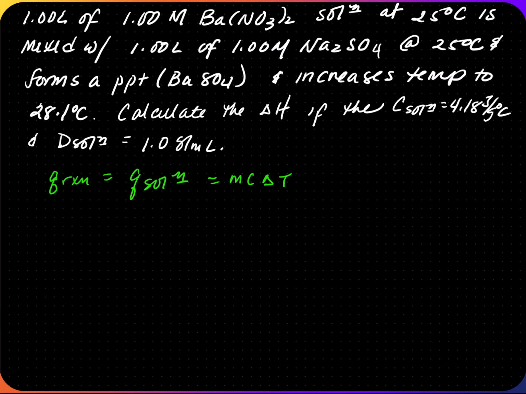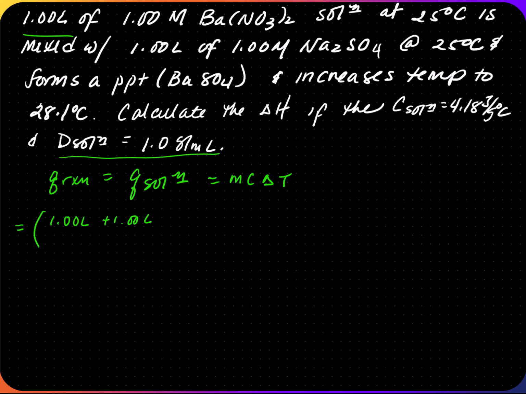However, the mass is not given, but the volume is given. So what we need to do is add these together because at the end, the volume is additive. So we're going to add 1.0 liters of the barium nitrate and 1 liter of sodium sulfate.